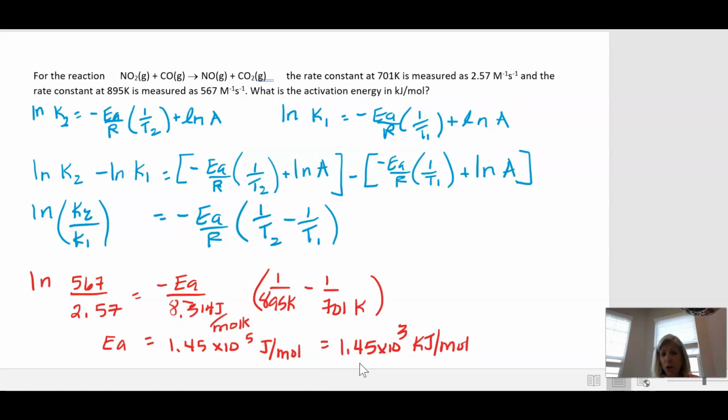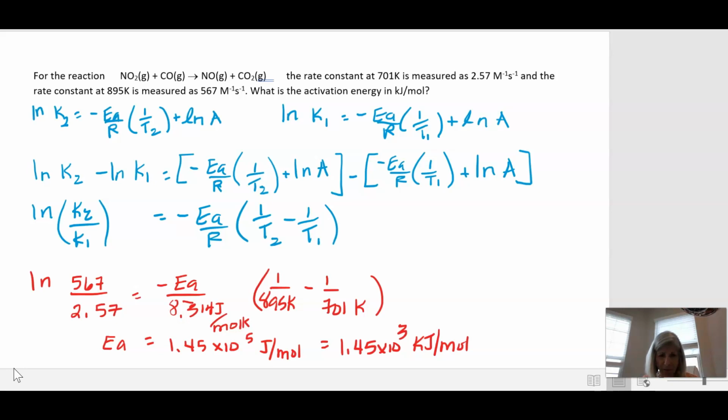Now, one of the things you could have done, instead of using 8.314 joule per mole K, you could have written it as 8.314 times 10 to the minus third kilojoule per mole K, and then you would have had your answer directly in kilojoules.